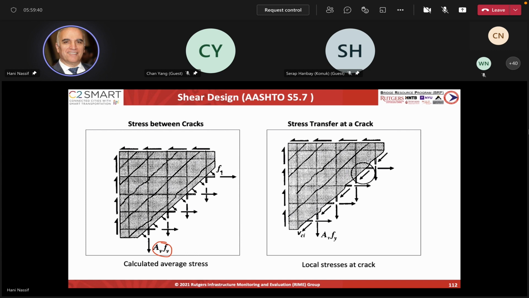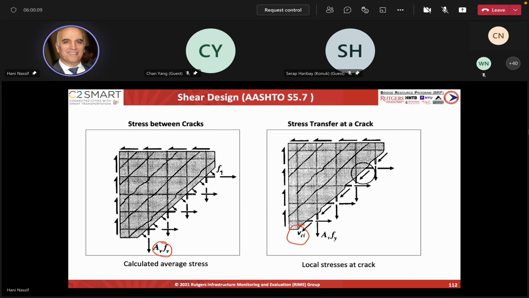He also added the interlock, which the previous approach had determined: there is some friction, some interlock, which is Vci. He added that to his equation, and he was able to derive a more rational model of how failure will take place.